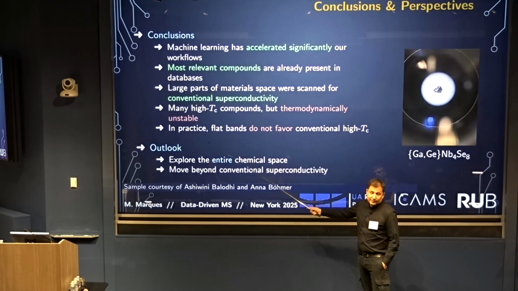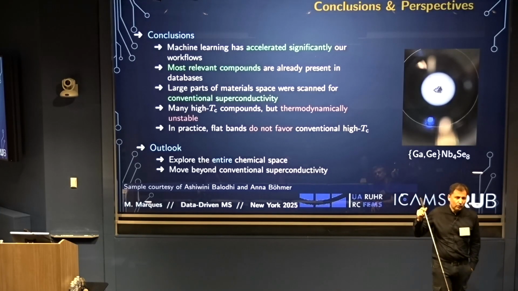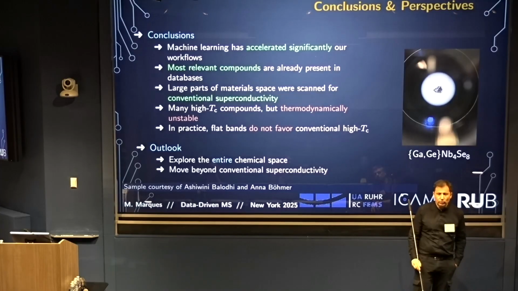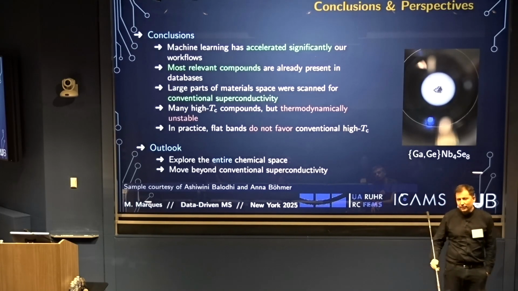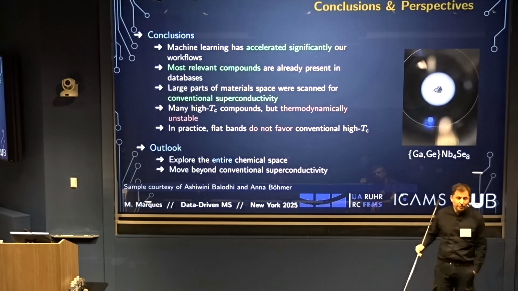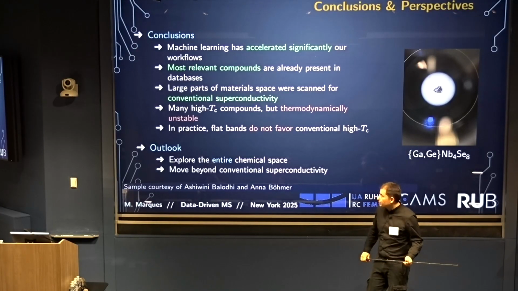And from the Kagomes, flat bands, we didn't find any compound that had flat bands and that really showed extraordinary superconductivity. In those Kagomes, usually it's the wrong atoms that contribute to the electron-phonon coupling, not the Kagome. And that's unfortunately not ideal for superconductivity.